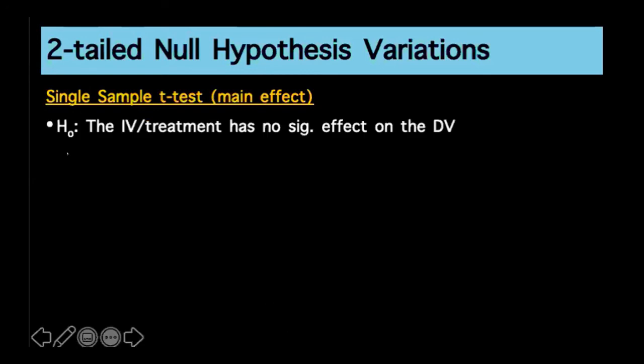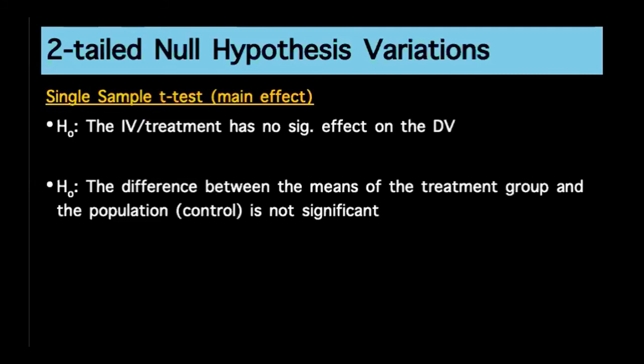We could say the null hypothesis directly translates to there is or there is not a significant effect. So the null hypothesis would always say whatever the independent variable is, it has no significant effect on dependent variable outcomes. You could put it in terms of the difference between the means: the means of the treatment group and the population, which are the means that we're comparing, are not significantly different.